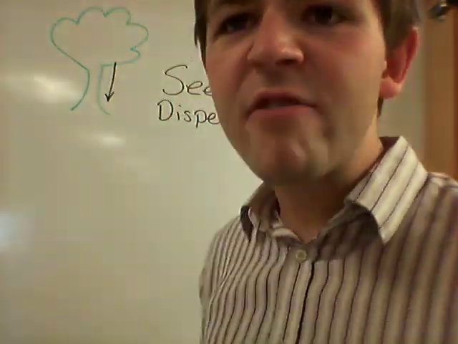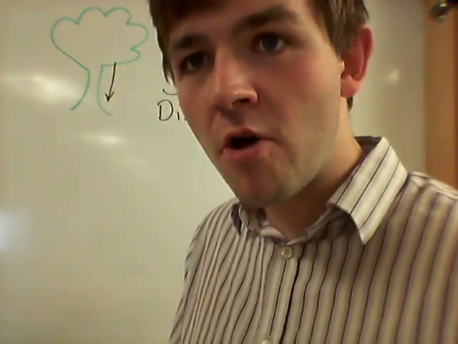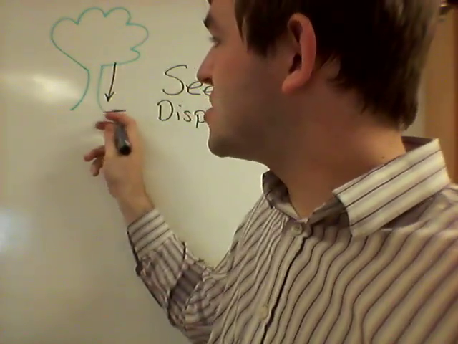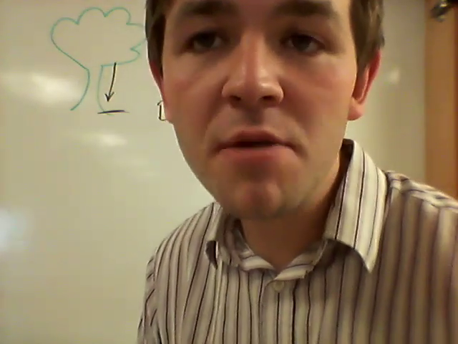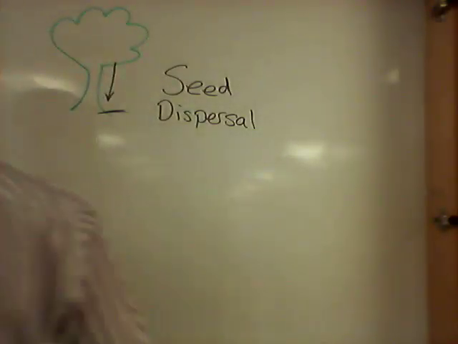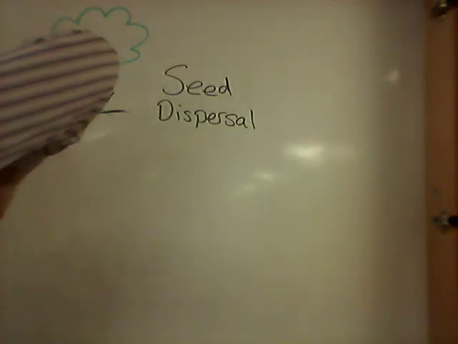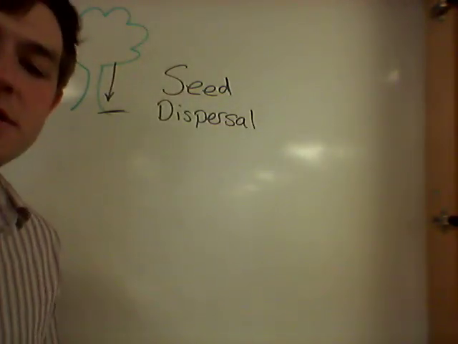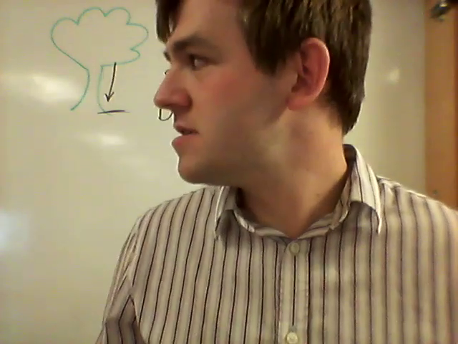It needs to have somewhere else to go. There's not a place here. The tree needs to find a way to get that seed somewhere else. And this is what we call seed dispersal.